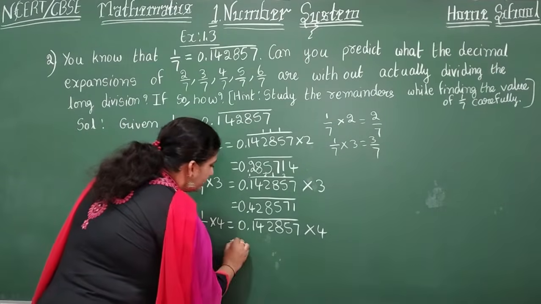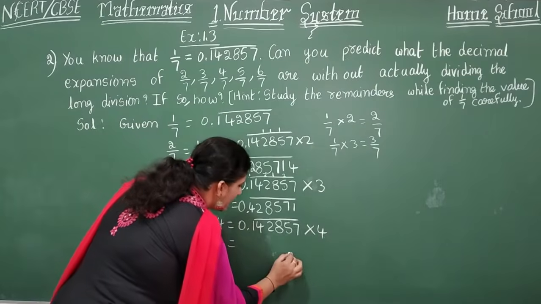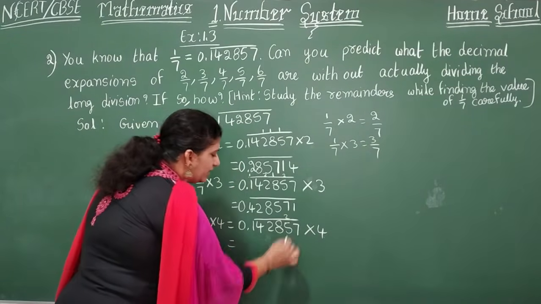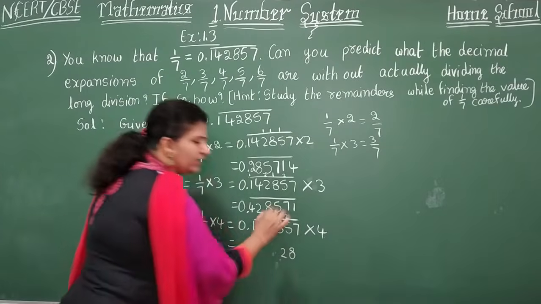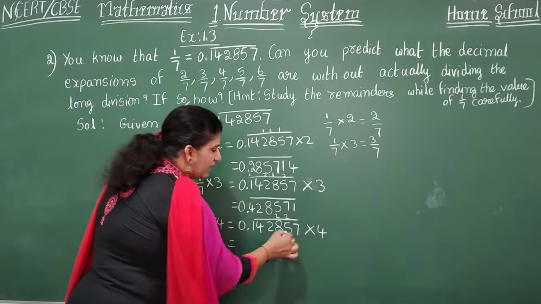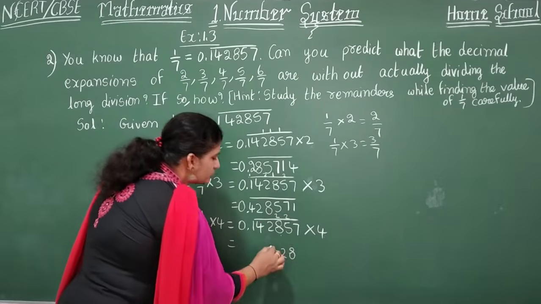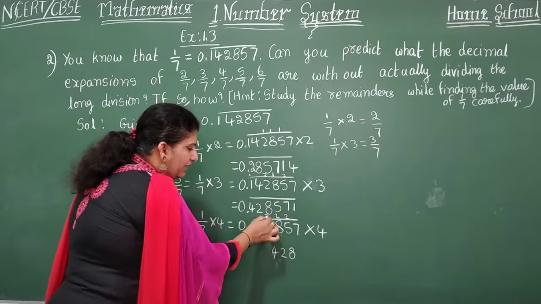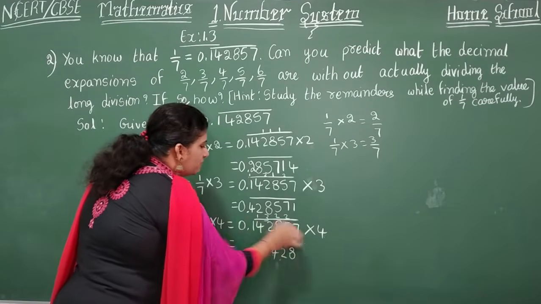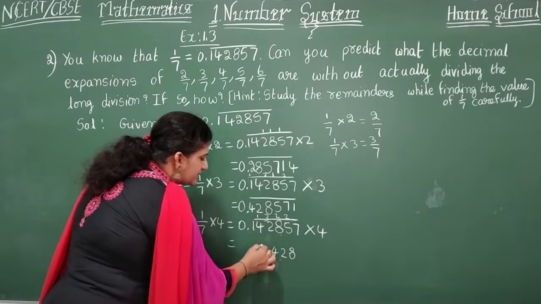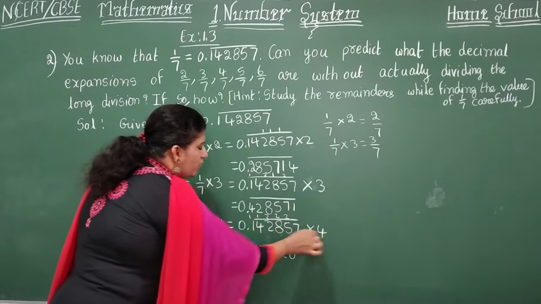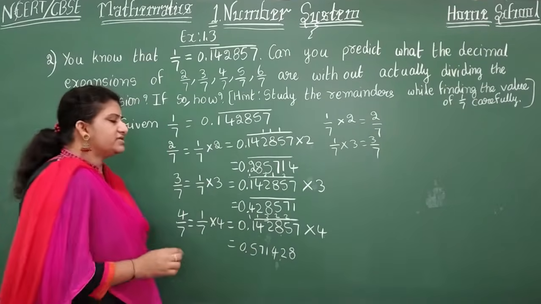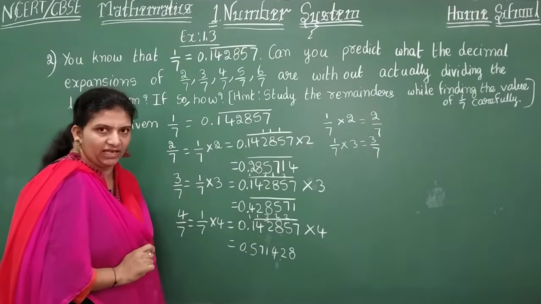Okay, that will be 4 sevens are 28. 4 fives are 20, 20 plus 2 will be 22. 4 eights are 32, 32 plus 2 will be 34. 4 twos are 8, 8 plus 3 will be 11. 4 fours are 16, 16 plus 1 is 17. 4 ones are 4, plus 1 will be 5. This is your 4 by 7 value.